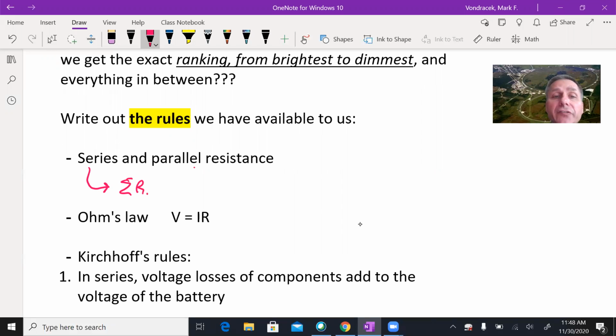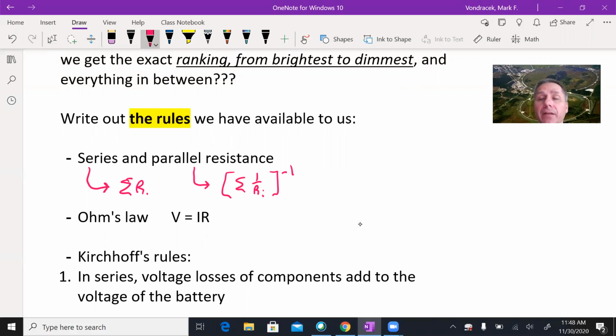The parallel resistors are the ones with the weird rule: we have to add up the reciprocals. You add up those fractions of each resistance on each branch that you have in parallel, and then we have to flip over that sum.